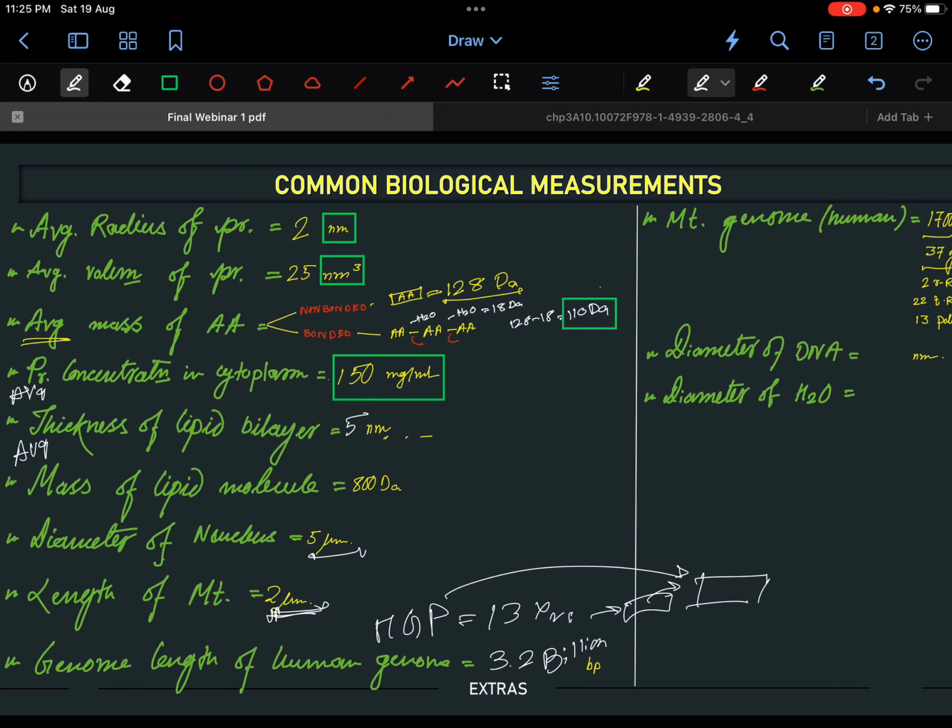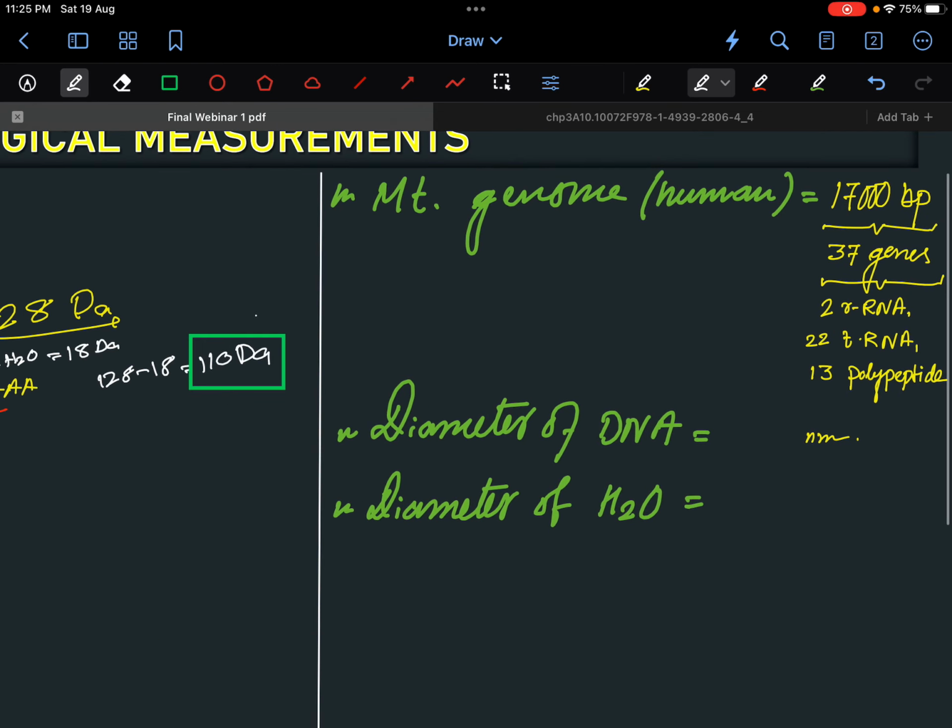Now, the mitochondrial genome of human has approximately 17,000 base pairs and a total of 37 genes. And what do the 37 genes code for? They code for 2 rRNA, 22 tRNA, and 13 polypeptides. This is some generic information about the mitochondrial genome of human. How many genes? 37 genes.